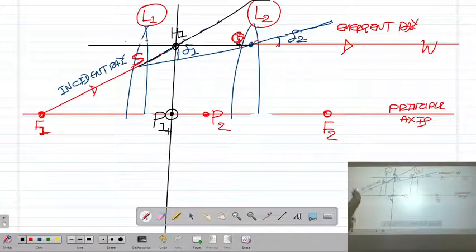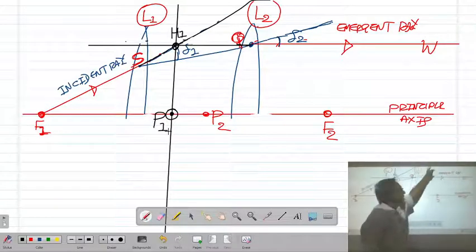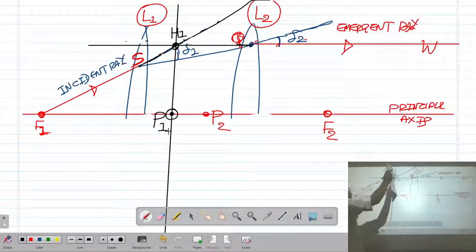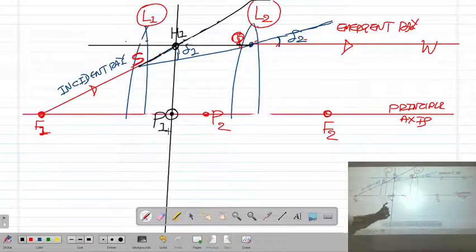So if I extend the incident ray in the forward direction and the emergent ray in the backward direction, both rays cross at point H1. H1 P1 is called the first principal plane, and P1 is called the first principal point.